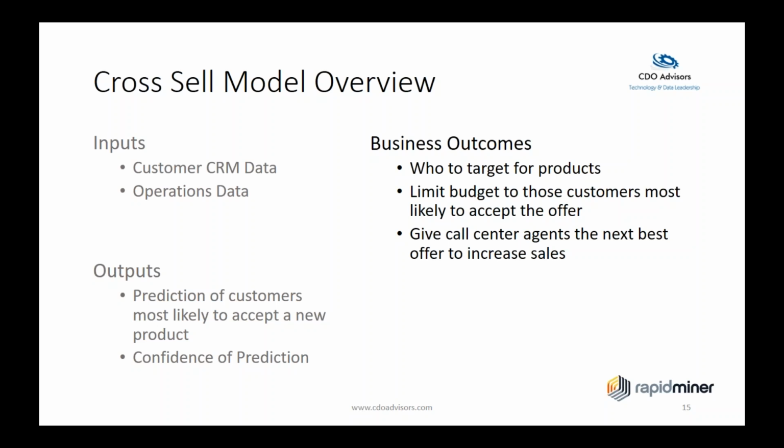If you're not doing this today, your marketing teams are most likely going out and saying, well, we want to target customers that are over a certain income level. They have kids, they don't have kids, they live in this zip code. They're really using the best information that they have, which is what they've historically always done.